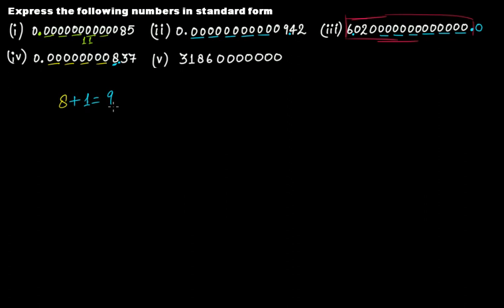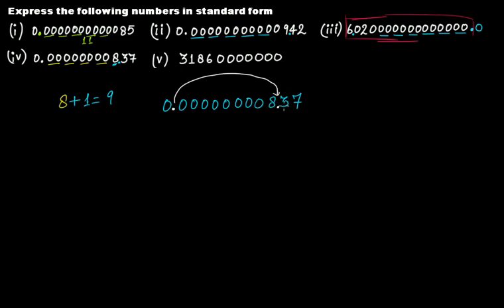So if you want to understand it, this is 8 zeros, so 0.1 2 3 4 5 6 7 8, this 8 3 7. I want this decimal point to move from here to here.